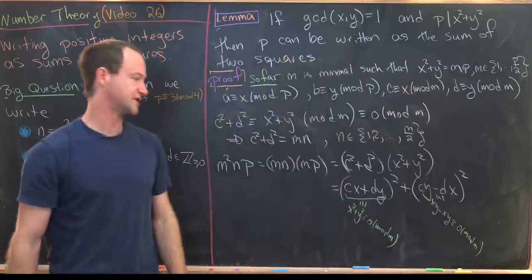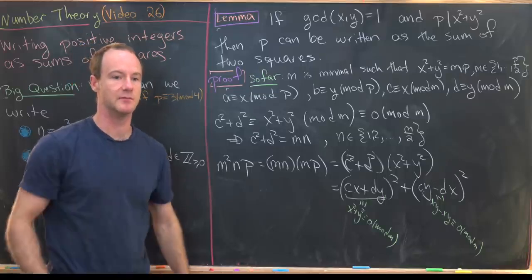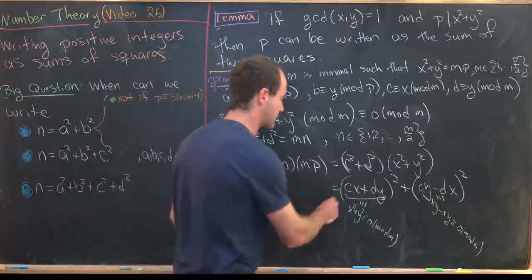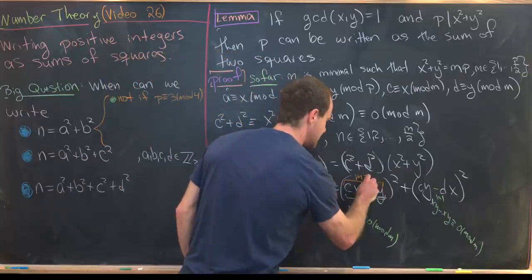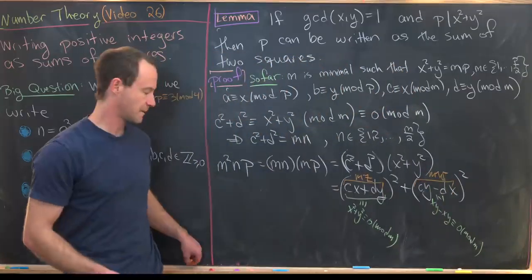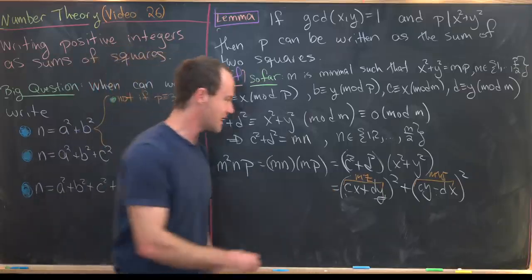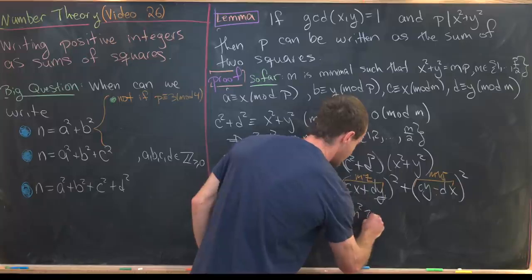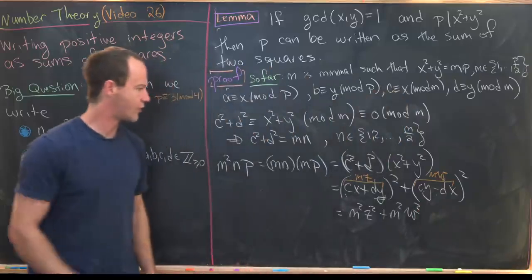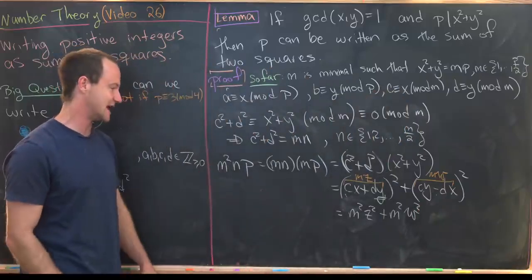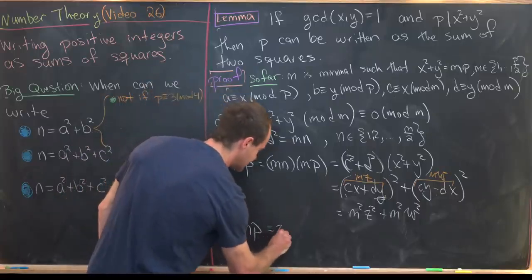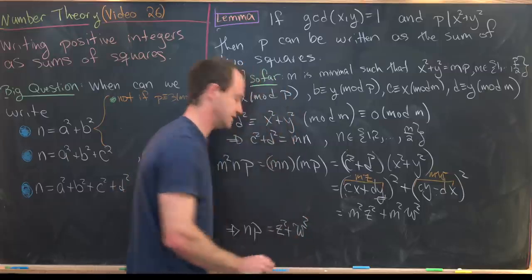So each of these portions are congruent to 0 mod m. So that means that they are each multiples of m. So we might as well replace this with m times z. We could replace this with m times w. So let's see what that gives us. So that'll make this collapse to m squared z squared plus m squared w squared. Well, we can reduce this by canceling an m from both sides, and we'll see that we have n times p is equal to z squared plus w squared.